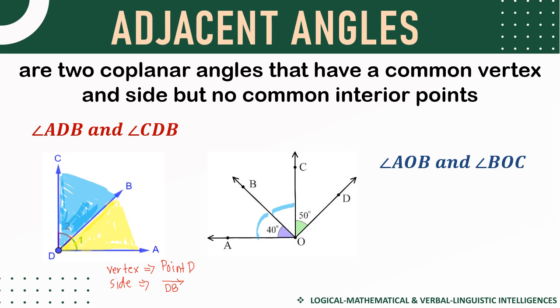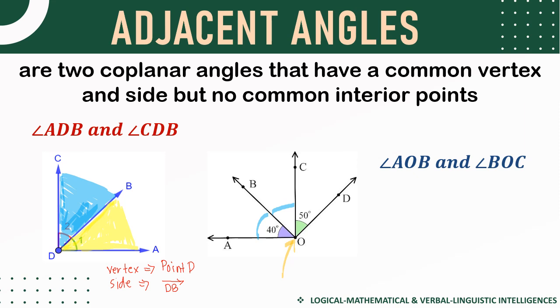Their common vertex is point O, and their common side is ray OB, and there are no overlapping spaces or points apart from the common side. So there are no common interior points. Hence, we can conclude that angle AOB and angle BOC are considered adjacent angles.